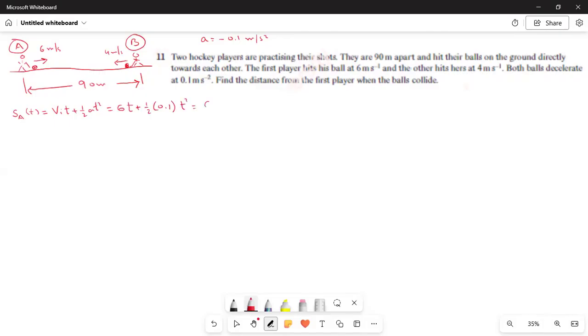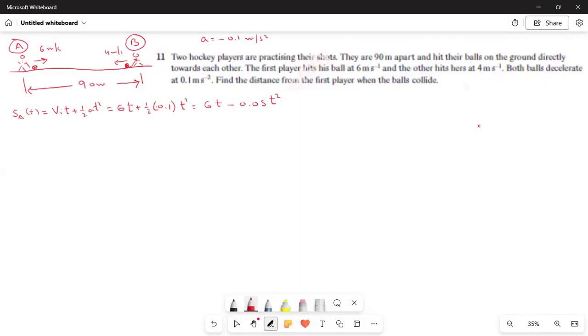So it will become 6t, this is negative, sorry, minus 0.05 t squared. This is the distance traveled by the ball hit by player A.